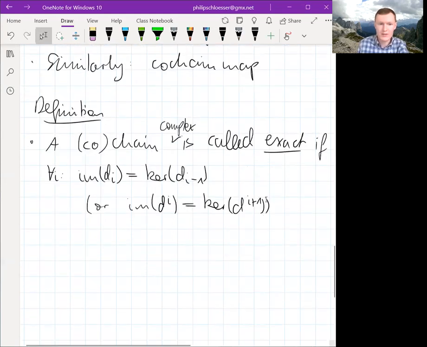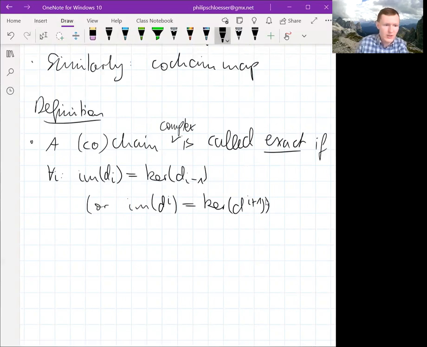And well, by definition, we already have that this is a subset. And if it happens to be the whole kernel, then we call this complex exact. Same here.